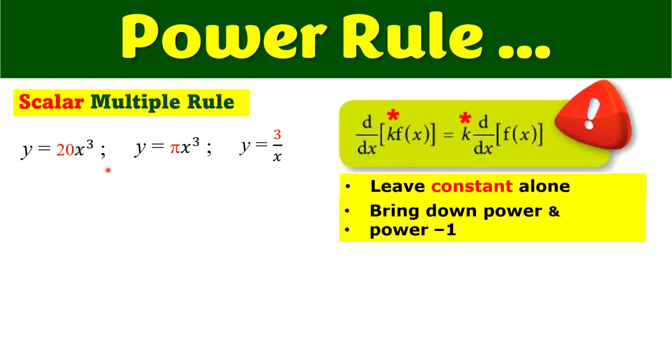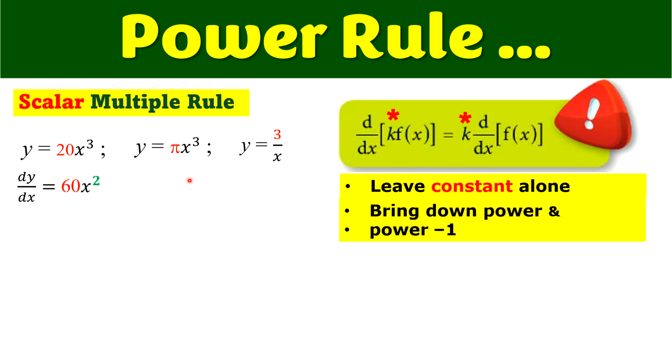I bring down the power, which is 3. The scalar is 20, so I just leave the 20 alone, but I multiply with the 3. So it's 20 times 3, and then my index subtract by 1. Therefore, the derivative will give me 60x squared.